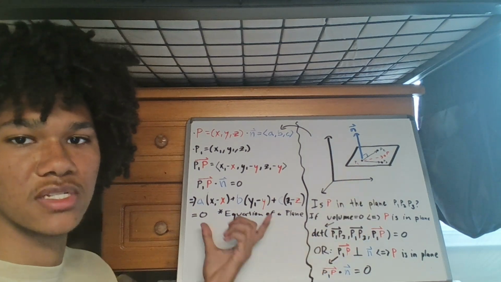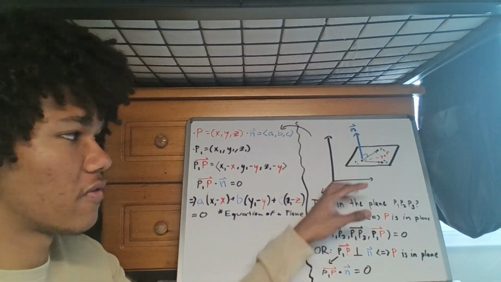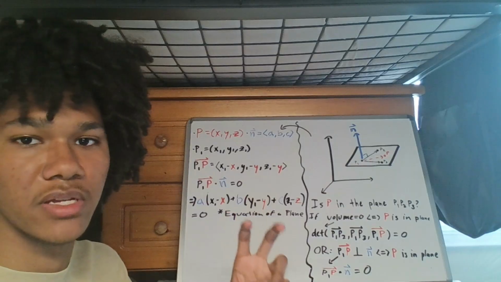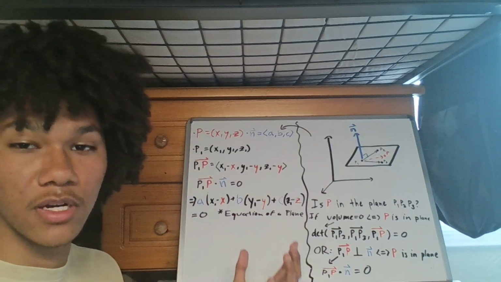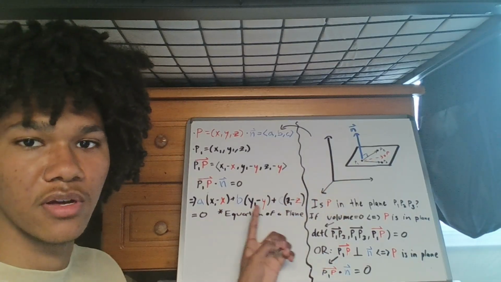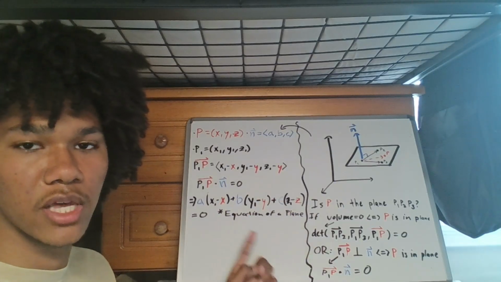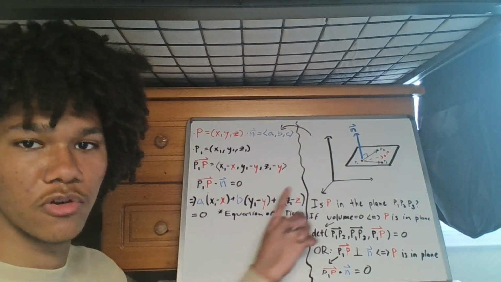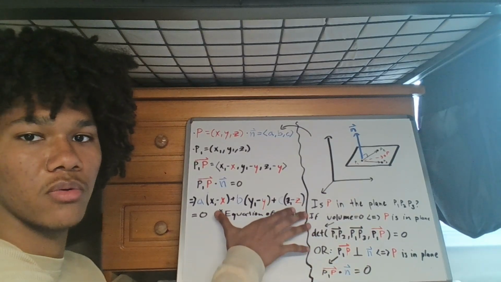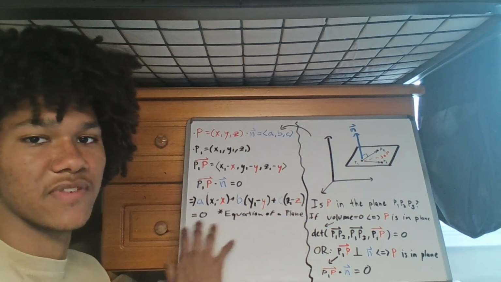So all values of x, y, and z that satisfy this equation are all values that lie on this plane, which is why it's the equation of a plane. It's not really a function. It actually can be expressed as a function because we have a linear variable for z, but this is a standard form of a plane. Later we can talk about how we can graph planes as functions, but this here is just all values of x, y, and z that satisfy this equation.